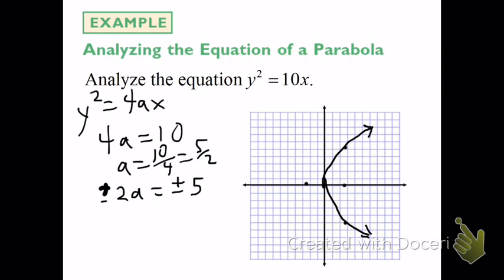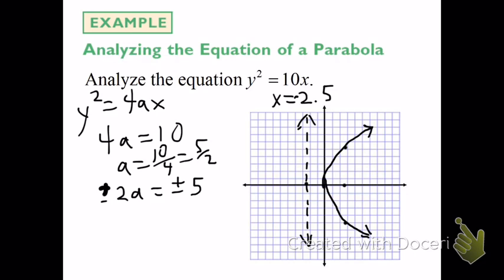Go ahead and draw in our directrix at x equals negative 2.5.